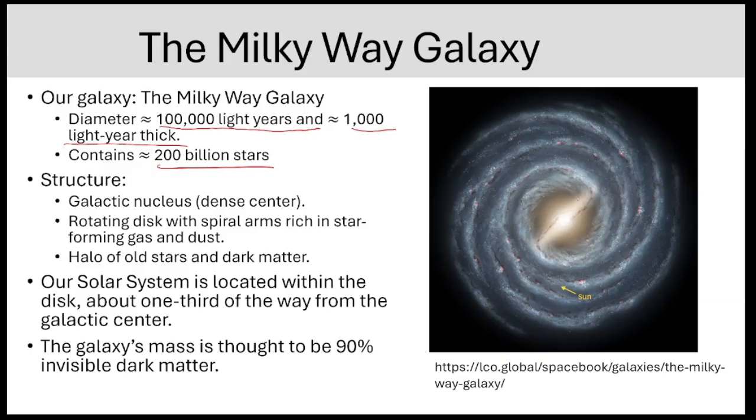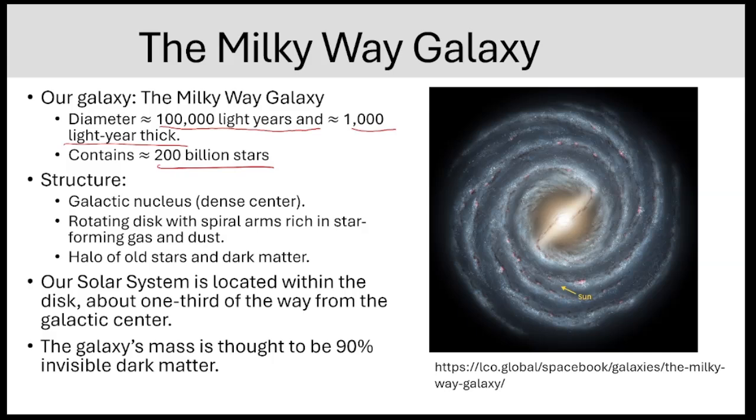The galaxy is like a disk with spiral arms, and the Milky Way galaxy has a galactic nucleus, which is a dense central region.